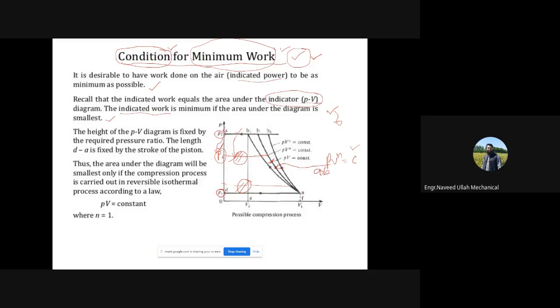This AB1, this is the isothermal process, that is PV is equal to constant, right?